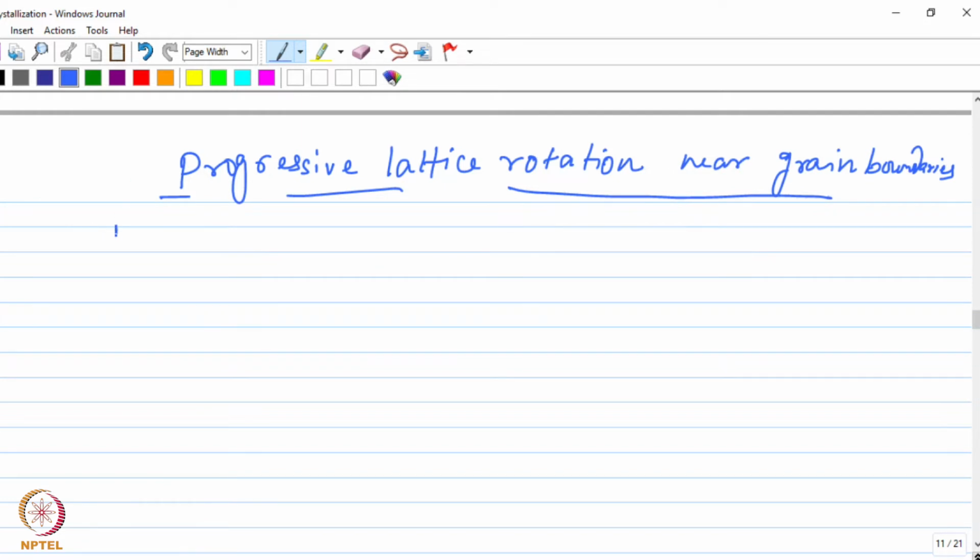As we have seen before, dislocations arrange in low angle boundary configuration.